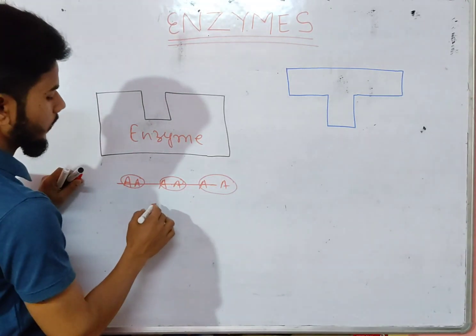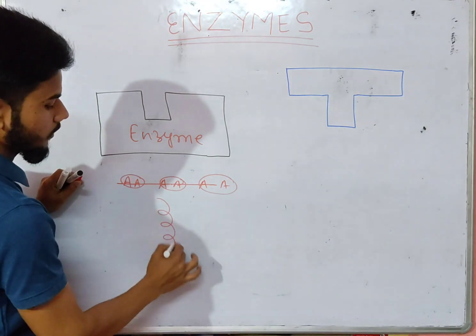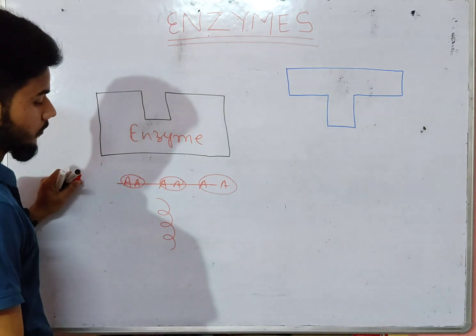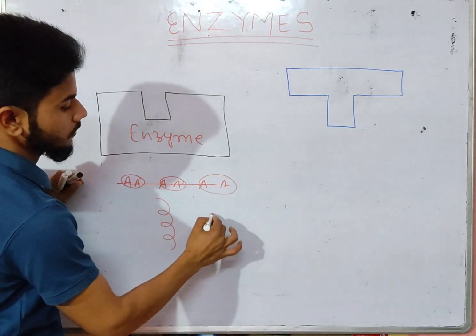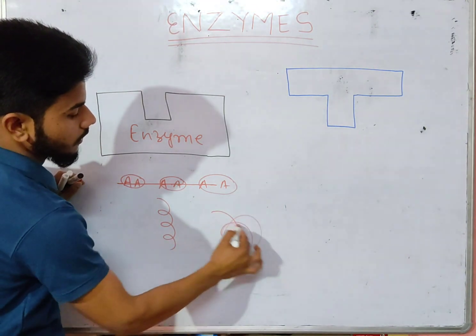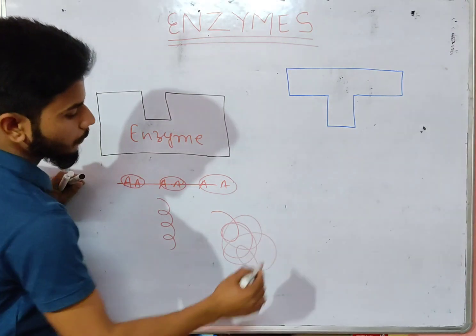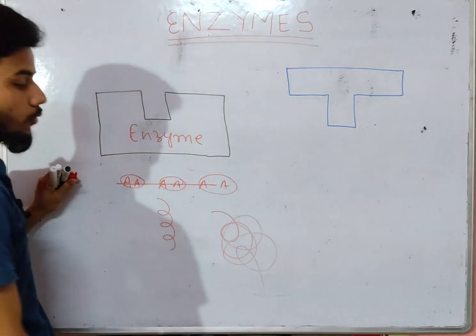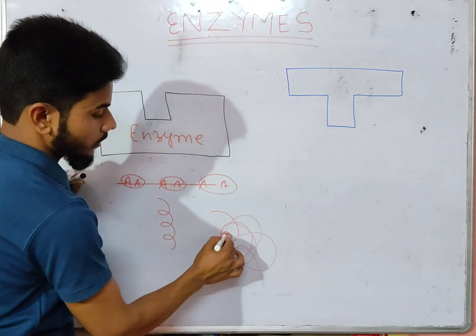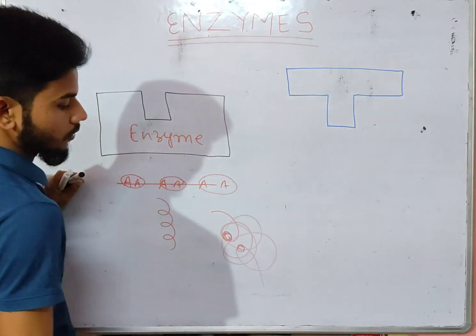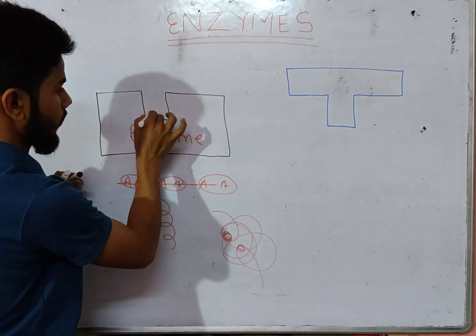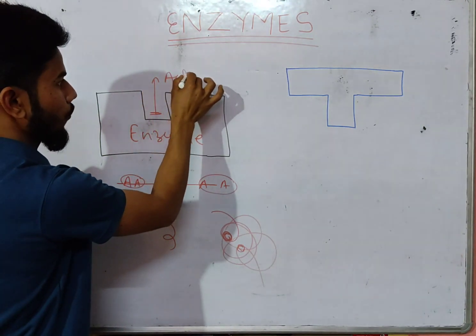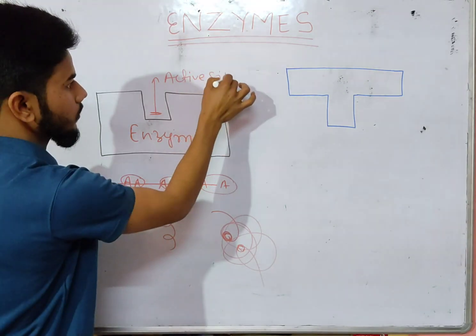In the secondary structure, it is the helical structure, just like a rotated ladder. In the tertiary structure, there are many loops. During the formation of many loops, there are certain pockets, and this is basically called the active site, where the substrate binds.